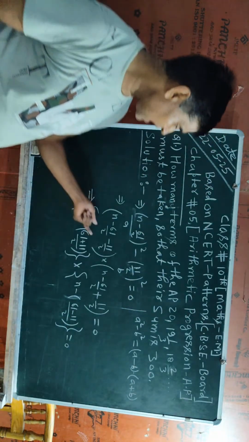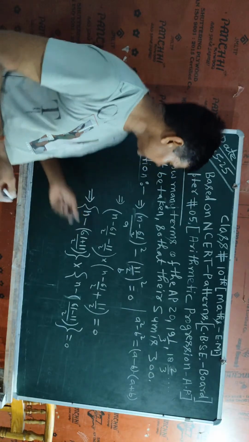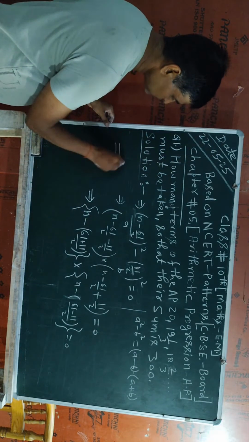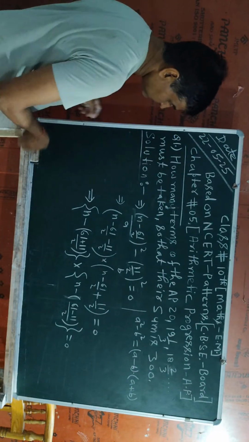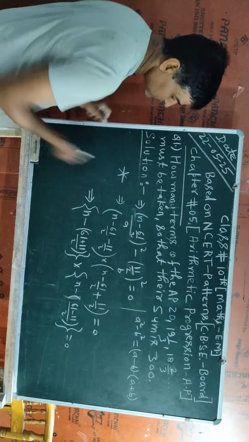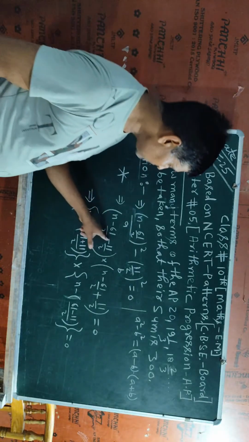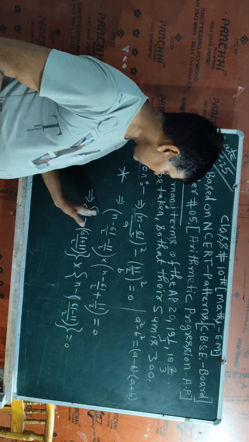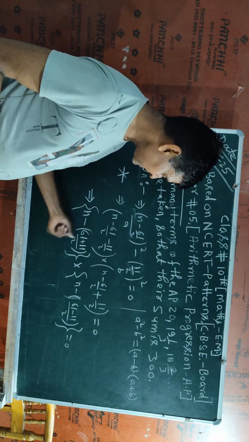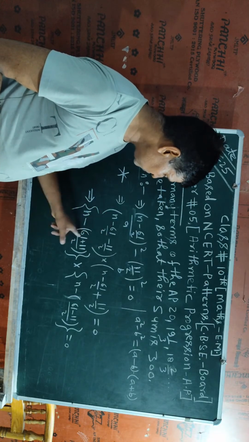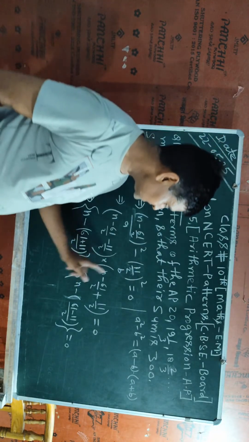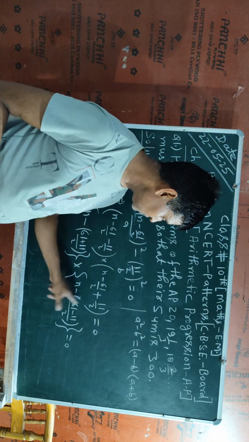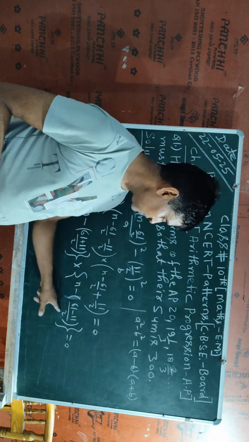Student has to take care on this line, because here if I take minus, the minus will come outside from the bracket. So I will write here 61 plus 11 divided by 2, and here I will take minus common, so this will be plus 61 and this will be minus 11 divided by 2.